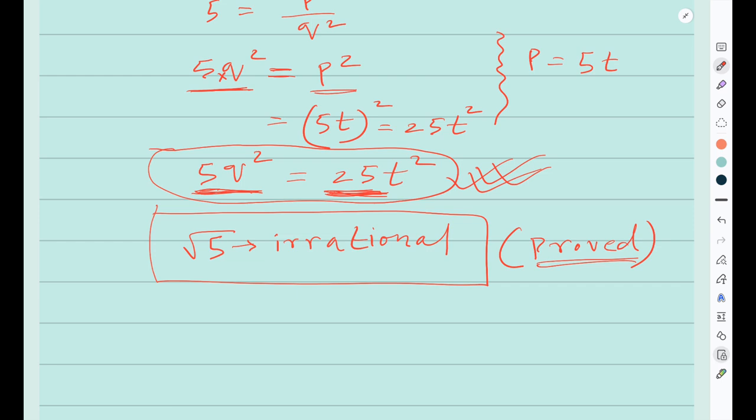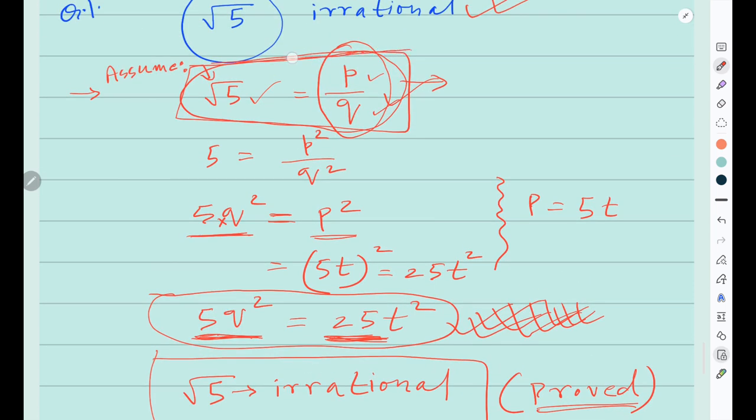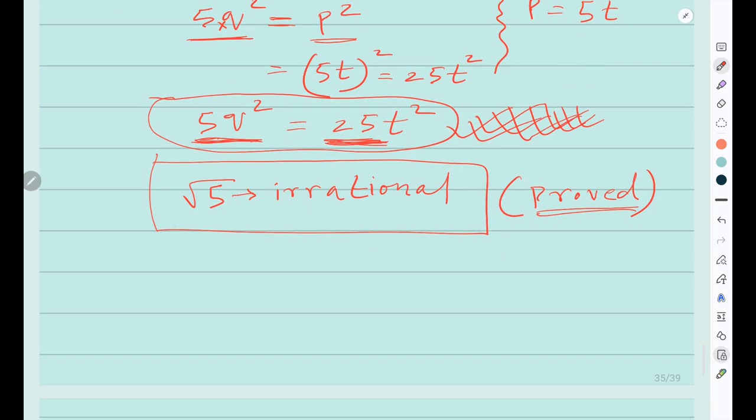If we end up with an absurd or wrong result, then it proves that what we assumed in the beginning, like we assumed here that root 5 is a rational number, is wrong, and thus it is an irrational number. So this is a typical way of logic.